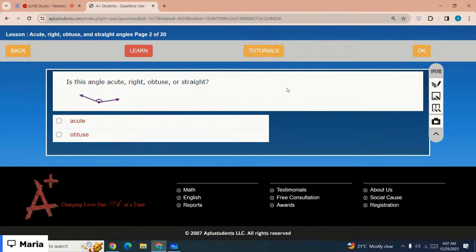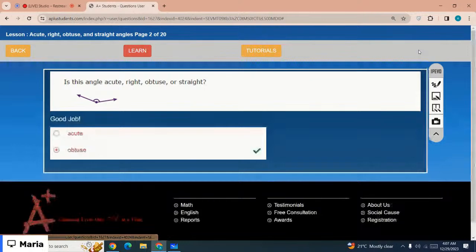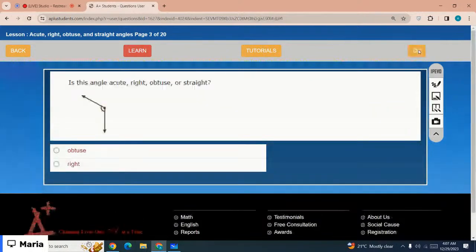Yes, that is obtuse, more than 90 degrees and less than 180 degrees. So that is an obtuse angle. Okay, is this angle acute, right, obtuse, or straight? Which is the correct option?